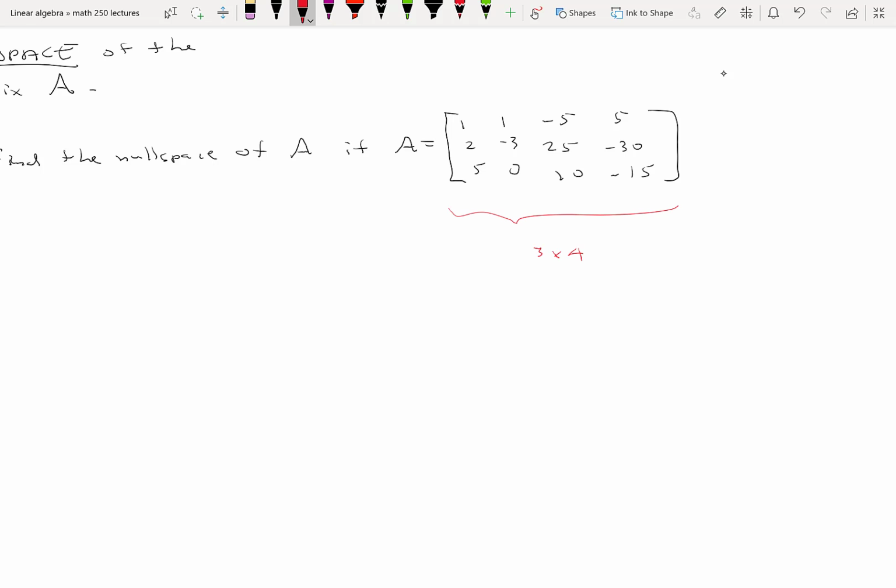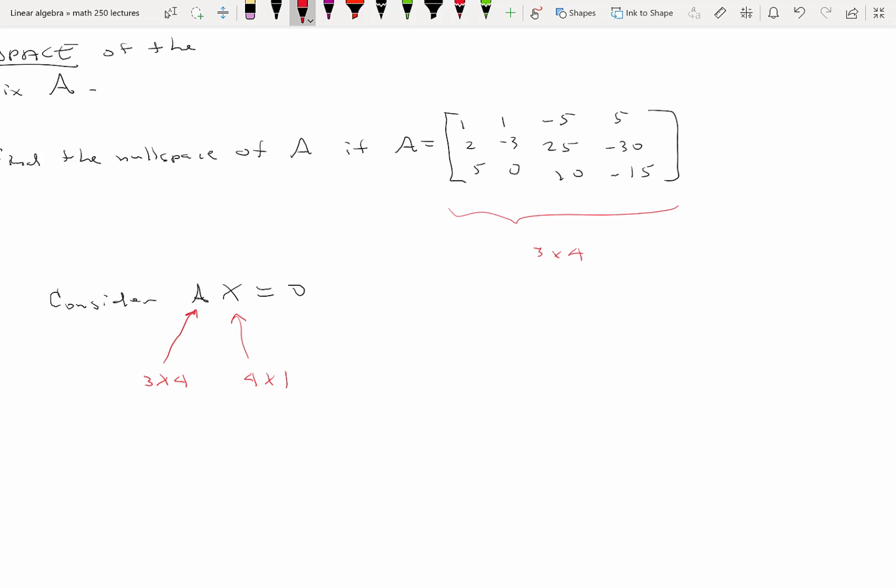This is the 3 by 4 matrix. If I'm solving Ax equals 0, then since A is a 3 by 4, X has to be a 4 by 1 entry. So X is right out of R4.